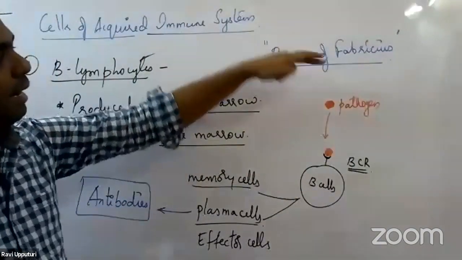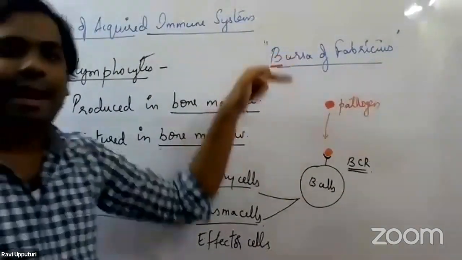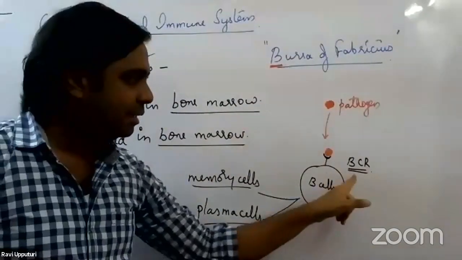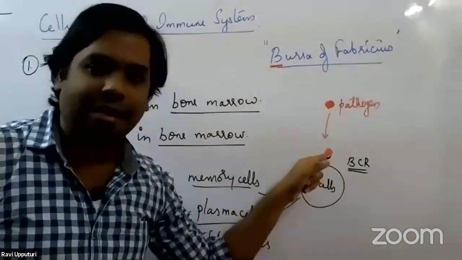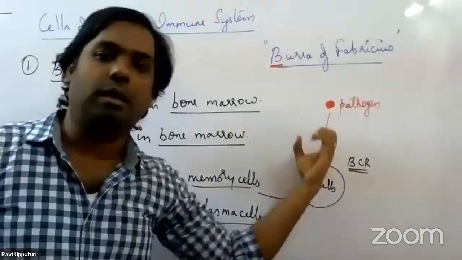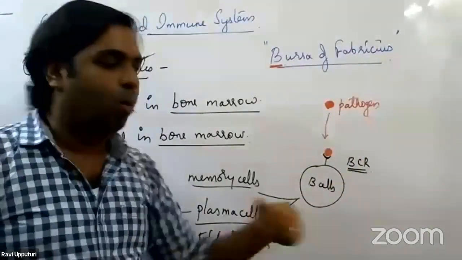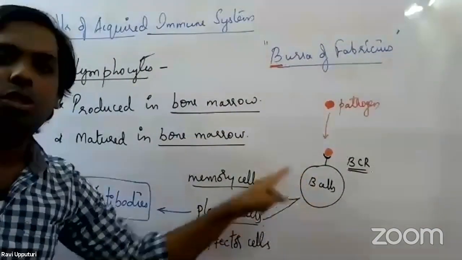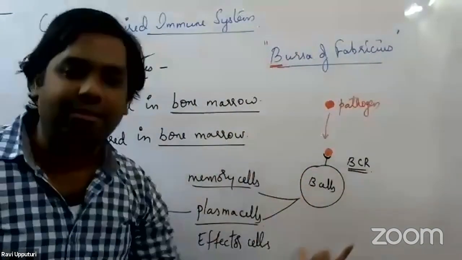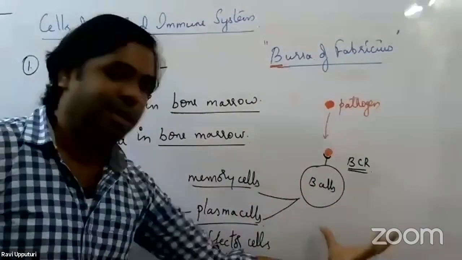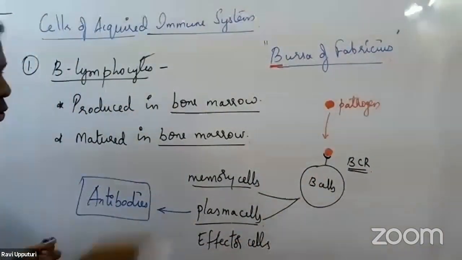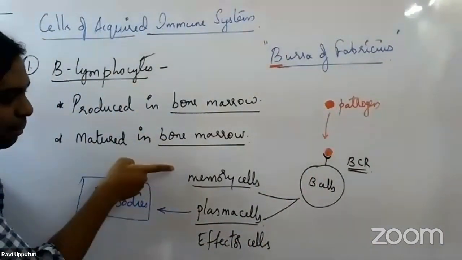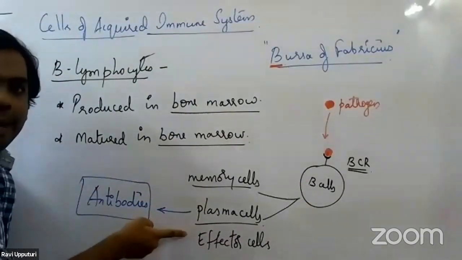So whenever there is any antigen or pathogen entering into our body, the B cell receptors will start recognizing it and it would bind to that particular antigen or pathogen. Once the antigen has bound to the B cell receptor, this B cell would now start undergoing the process of activation, and the matured B cell would get differentiated into two types of cells. One is called the memory cell and the other one is called the plasma cell.